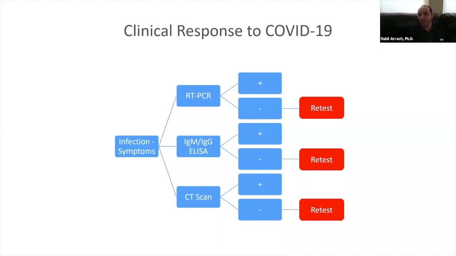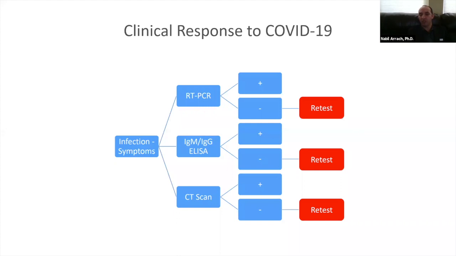If they are negative with IgG, meaning they are negative with RT-PCR, no active viral infection, and negative with IgG, no antibody, then they are still prone to infection, and that's how you should monitor them. You can monitor them every time they come in your practice, or every other week. That's completely up to you and how you see the prevention working for your patients.